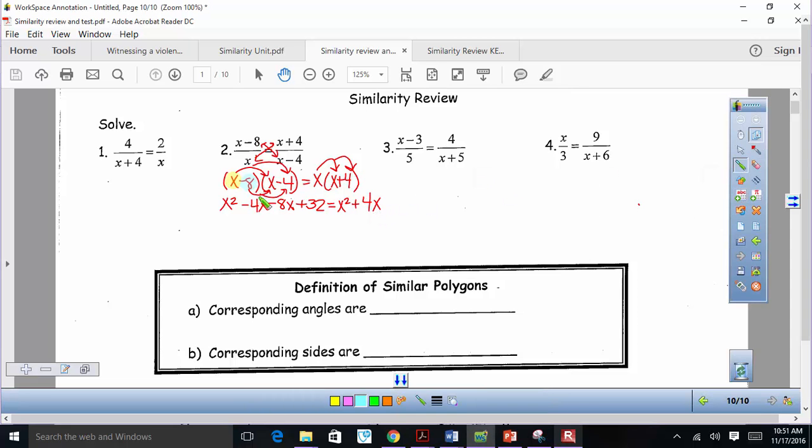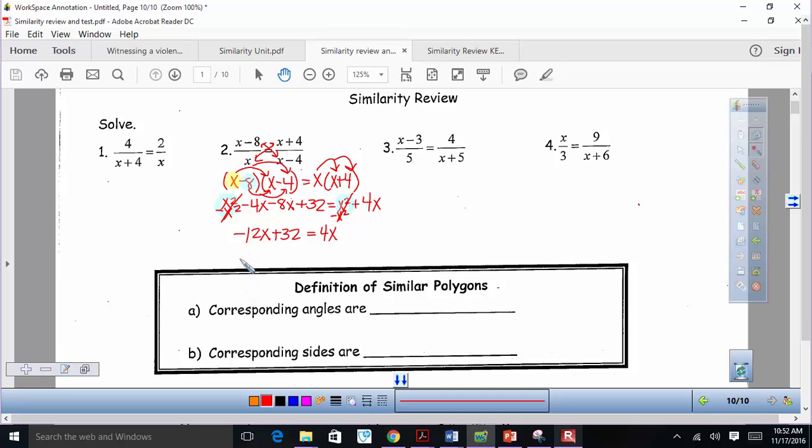Now normally when we see an x squared, that usually means we factor, right? But since we have x squared on both sides, when we try to move one over, they both cancel. So we're not actually going to factor. That leaves me with negative 4x minus 8x, which is a negative 12x, plus 32 equals 4x.